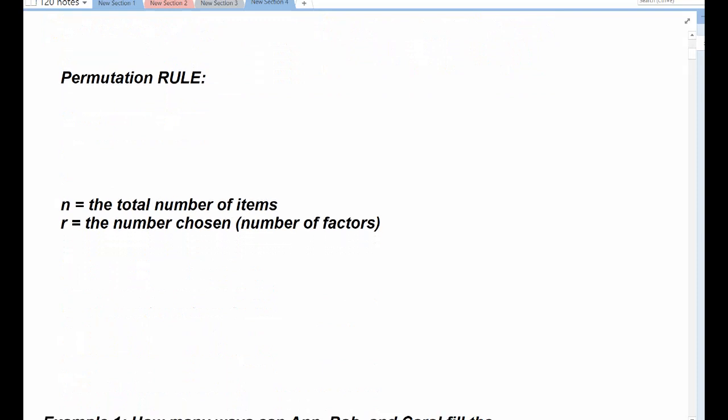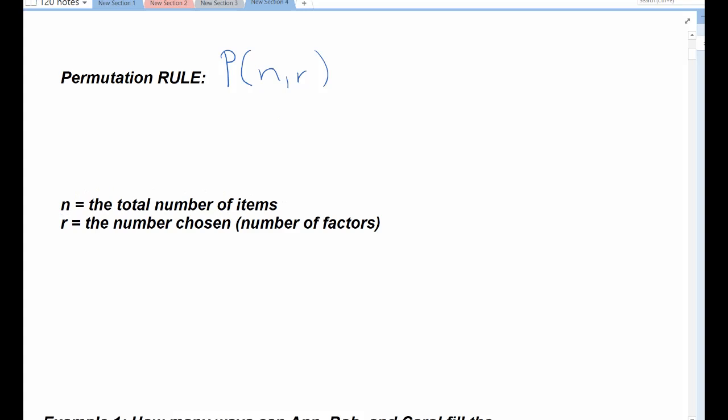Permutations is a technique that we use, and it has a formula that's built into the calculator. The formula comes with the function, capital P stands for permutation, and then there are 2 variables, N and R. We usually say permutation of N, choose R. N is however many items I'm selecting from.